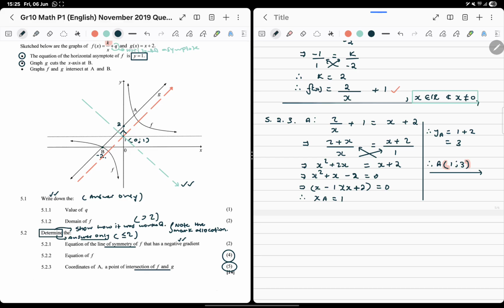Okay, so we're scoring 5 marks. Equating the two is a mark, right? I think so. Remember, whenever we factorize, it's a very important thing. That should be a mark, right?